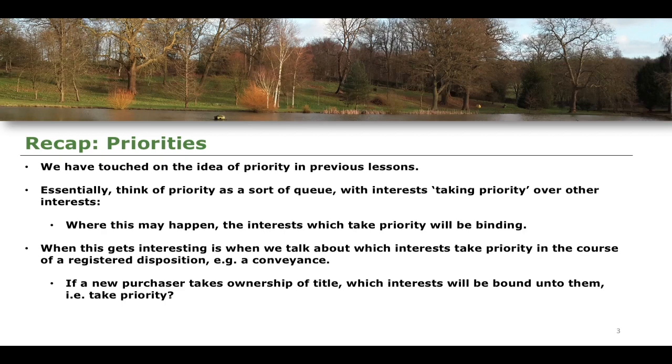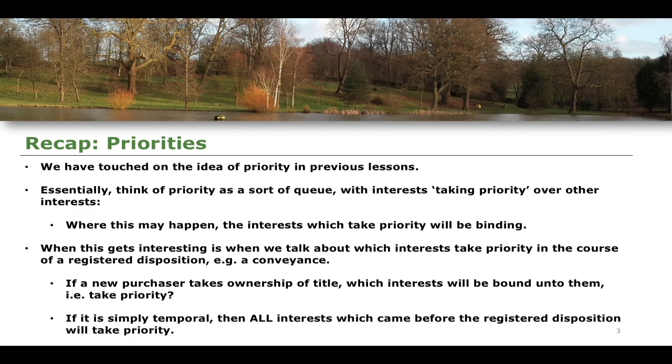I.e., which of the interests will take priority? Are there interests that exist before the conveyance that will have to be adhered to by the new purchaser? Well, if it is simply temporal, that essentially every single interest that came before the new conveyance will bind them, then every single interest which came before the registered disposition will take priority.